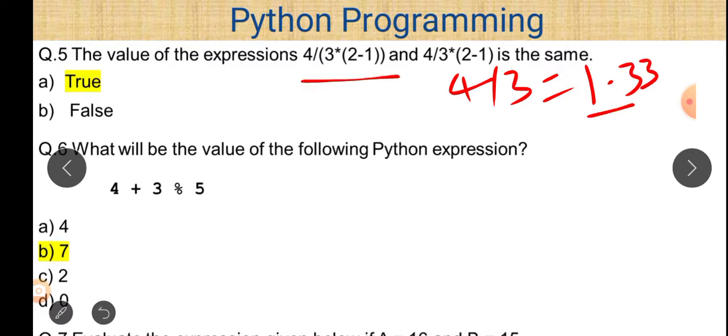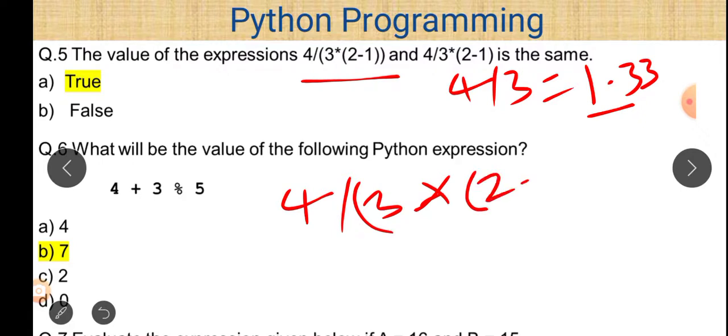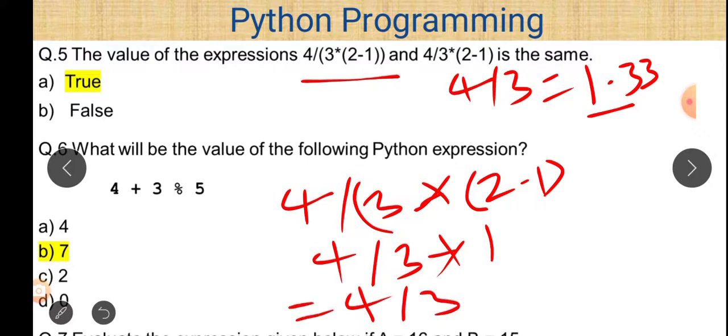And in the other expression the answer is also 1.33, because when we solve this, 3 is multiplied by 1, so again the answer is the same. Both have the same value 1.33, so our answer will be true.